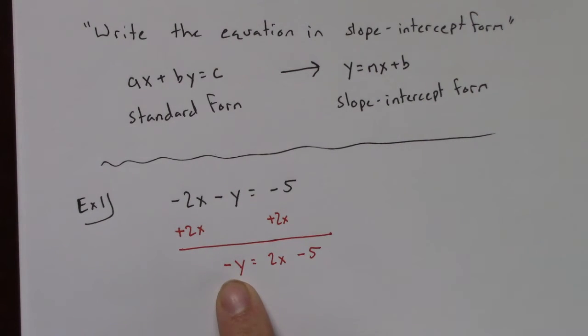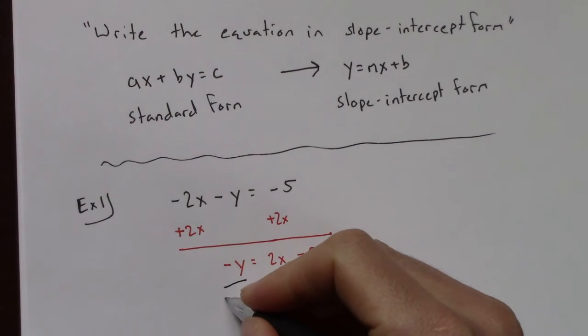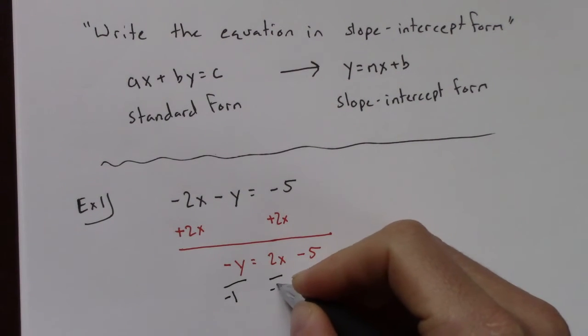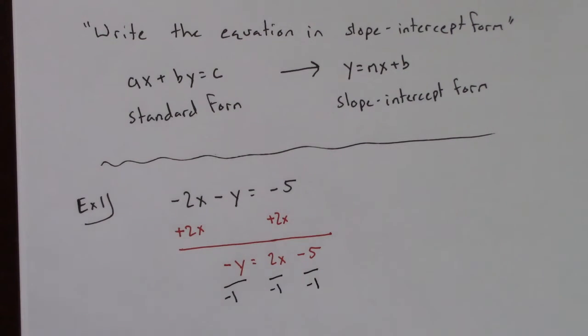However, I'm not quite done yet because this y still has a negative sign on it, and I don't want to keep that negative sign on it. I want to make it positive. So I've got a choice. I can divide by negative 1. I can multiply by negative 1. It doesn't quite matter. I'm going to divide just so we get in the habit of getting rid of that number in front of y.